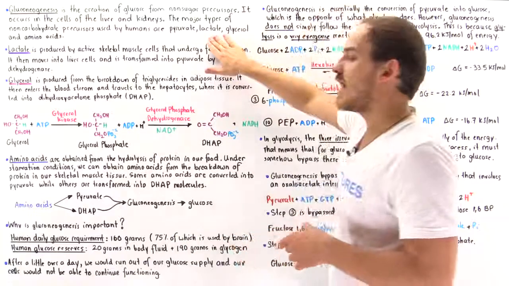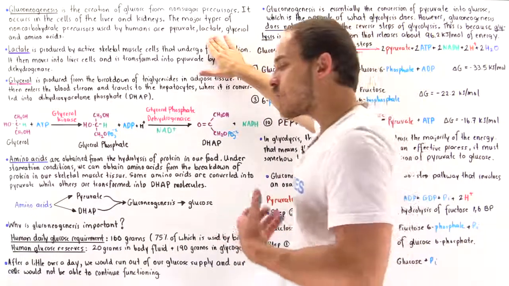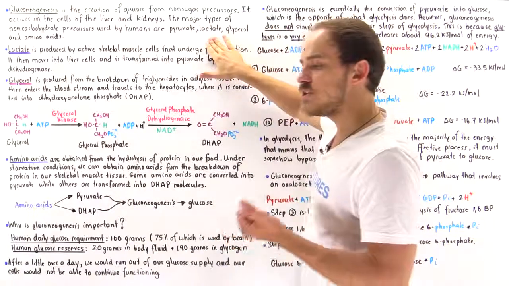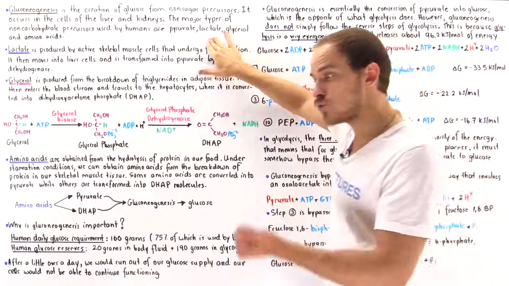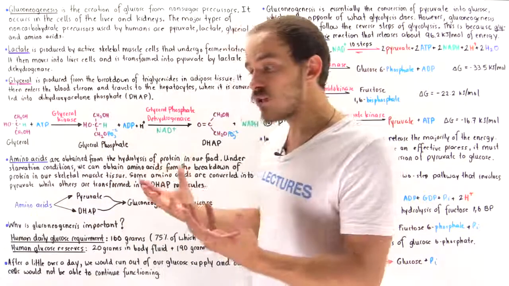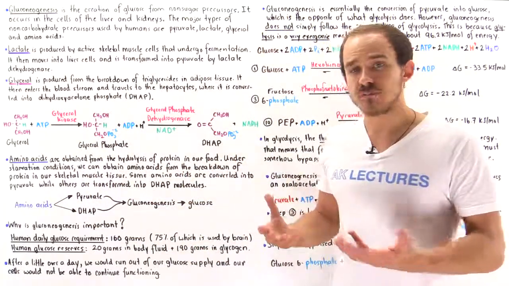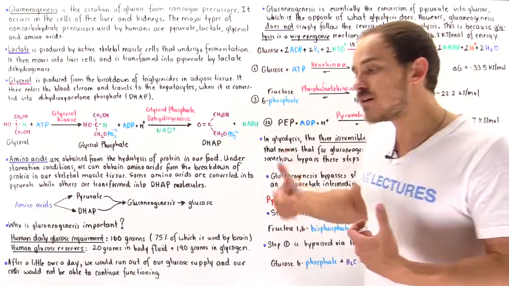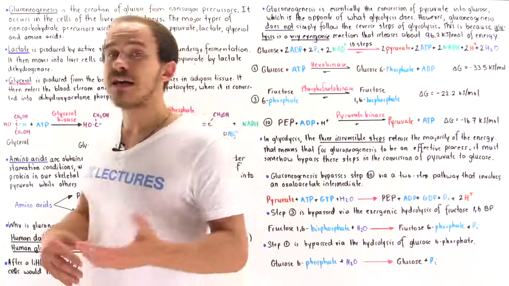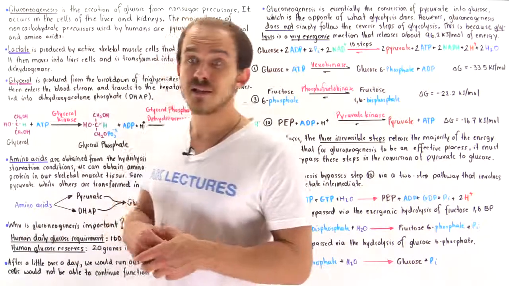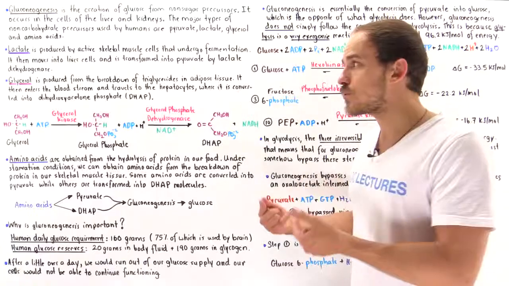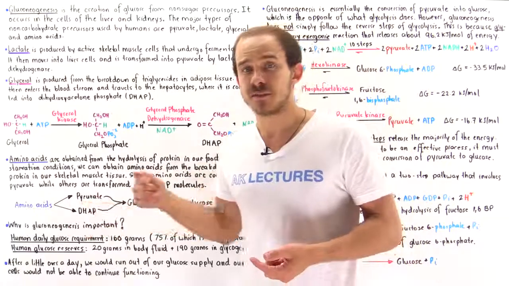Now, what about lactate? Well, we know if we're exercising vigorously, our skeletal muscles will begin to produce ATP to actually contract our skeletal muscle. And when that happens, eventually we're going to run out of oxygen. So when the rate of glycolysis is much higher than the rate of oxidative phosphorylation that takes place in the mitochondria of our cells, in that case, we're going to begin the process of lactic acid fermentation.